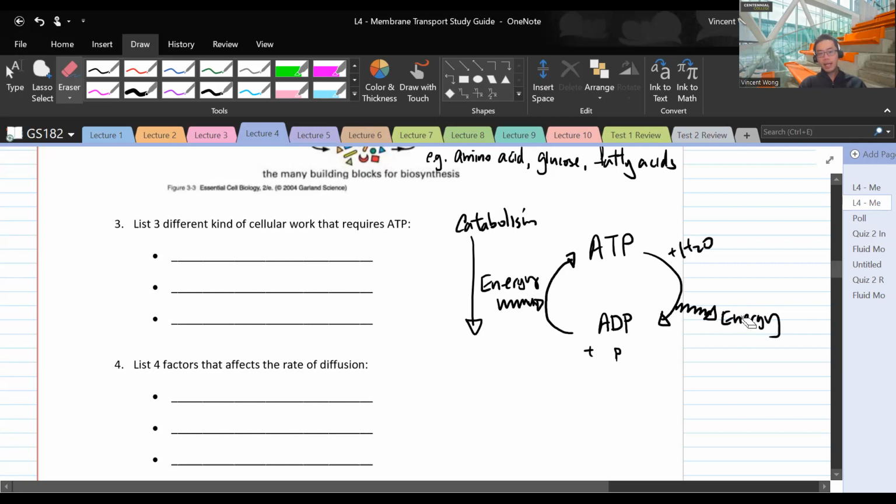And then what is this energy used for? Well, this energy can be used for anabolism, like we explained above, but it can be used for other kinds of work as well. In the lecture, we talk about how it can be used for mechanical work. That would be some kind of physical movement.